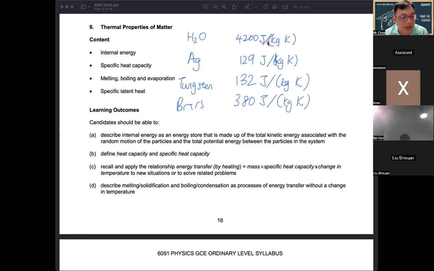So can you imagine how much energy is needed to raise or cool the seawater itself? Quite a long time, right? So are you all clear about this?